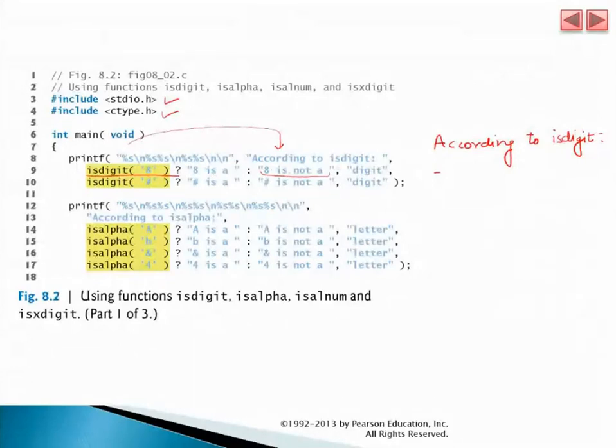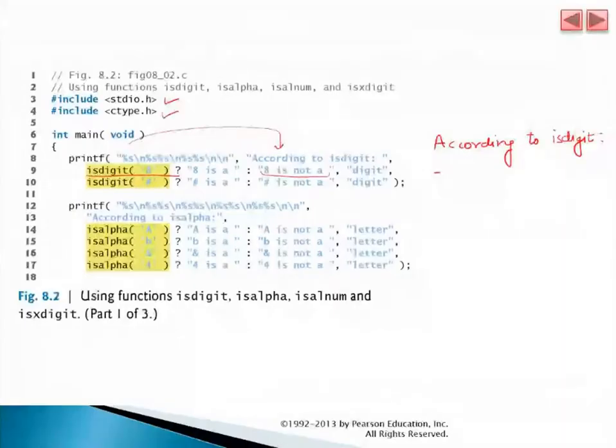So is isdigit of 8 true, yes or no? It will return true because 8 is a digit. Since it is true, we will print "8 is a".